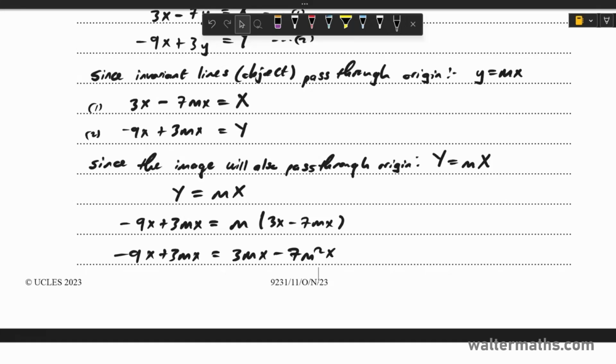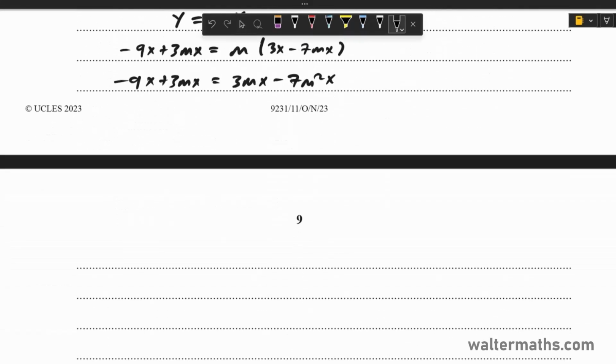Now all the terms are divisible by x. So we have minus 9 plus 3m is equal to 3m minus 7m squared. I'm also noticing that these terms are common for both sides, so they get eliminated. So we are remaining with minus 9 equals minus 7m squared.